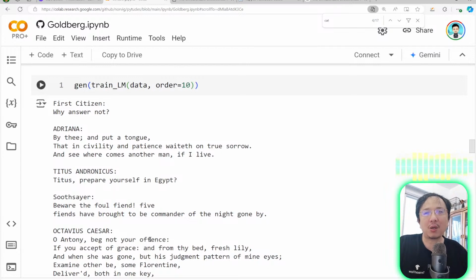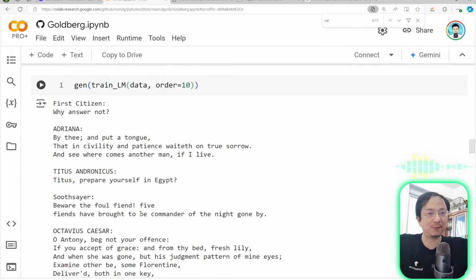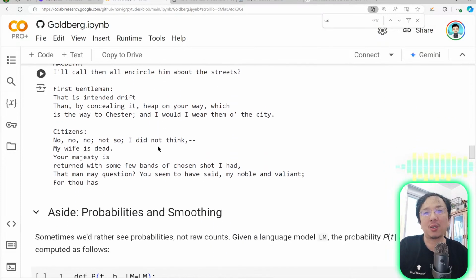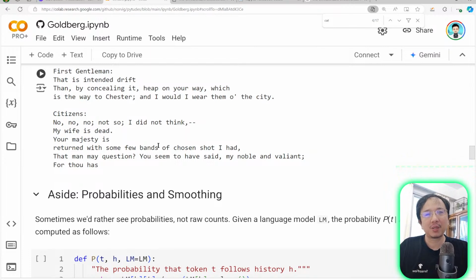So the longer the order, the fewer the earlier problems, but the lower the creativity, because it is a bit like memorizing. If you use something like a 1000-gram, it can only recite, because for anything it has not seen it has no information. A context of 1000 characters can only appear in the original text, and only one possibility remains, so it will just recite the text completely. You can try a 1000-gram, but it will definitely become useless because it will only memorize the full text. You only store the full training data in another format. So there's a balance between the shorter order and the longer order, between creativity and correctness.